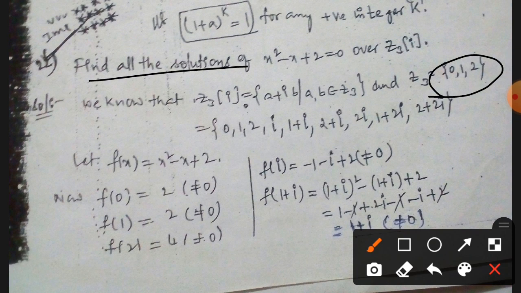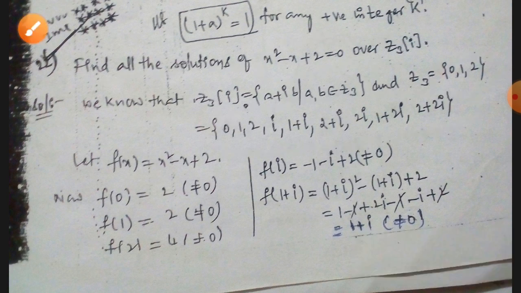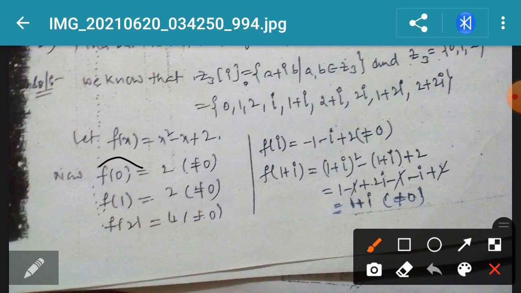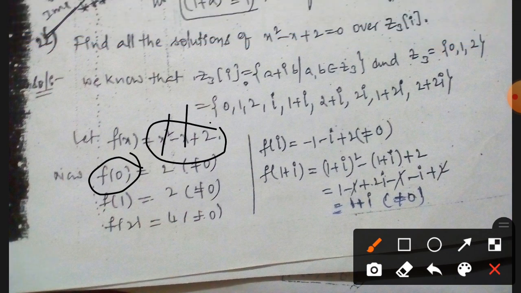To find the solutions, we substitute these elements of Z3 of i in our function. First we take 0: substituting 0, we get 2 only, which is not equal to 0.